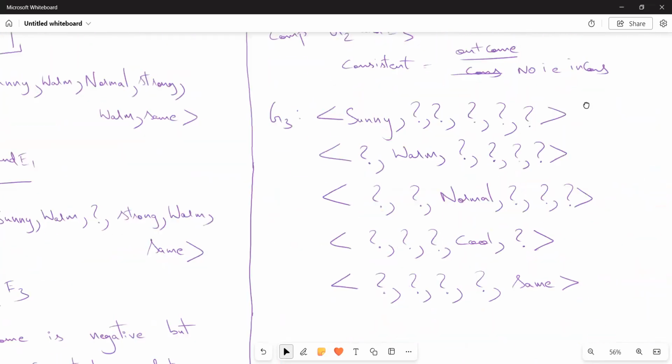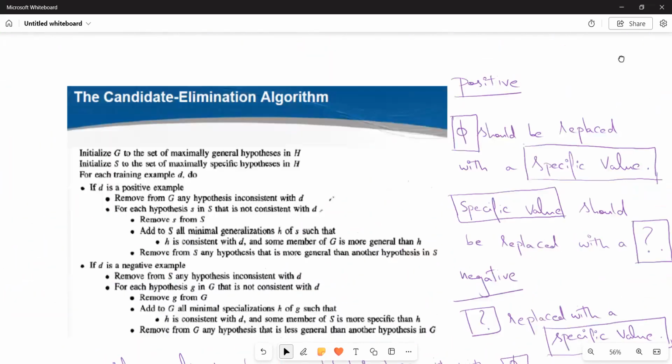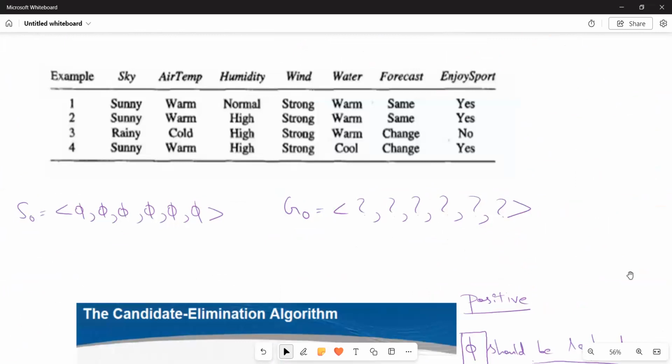And what was the next one? It was cool, right? So it is supposed to be question mark, cool. It had to be cool and then question mark when you compare with E2, and when you compare here with E3, it had to be cool and then question mark all along the way, but it is different here.